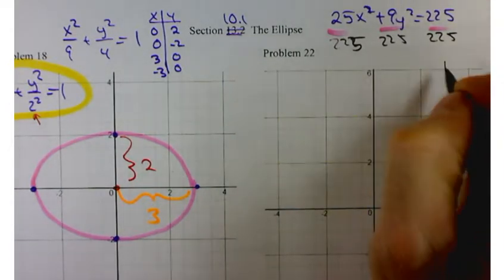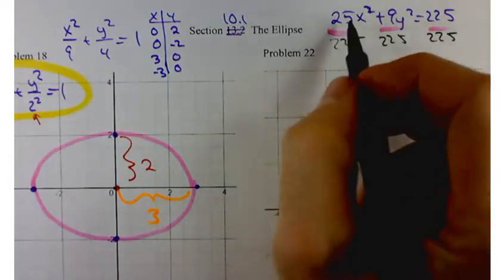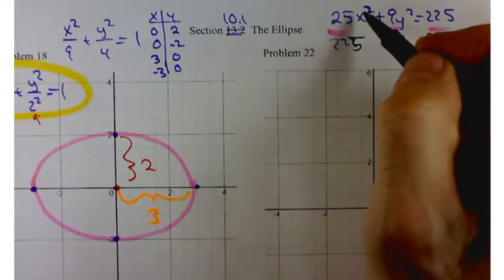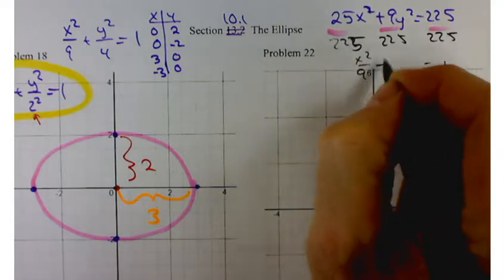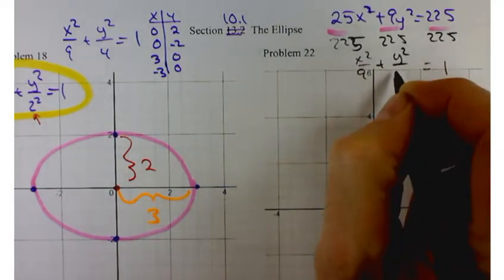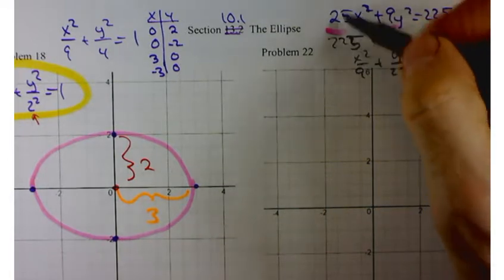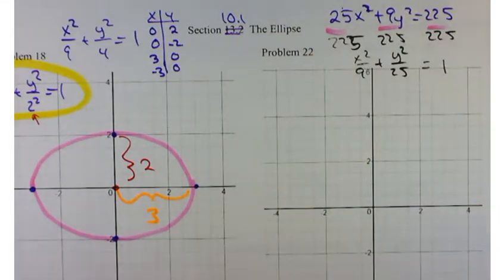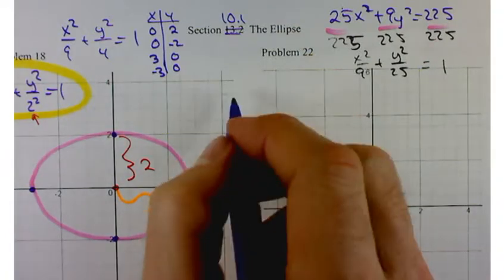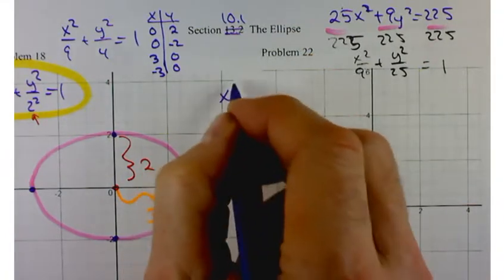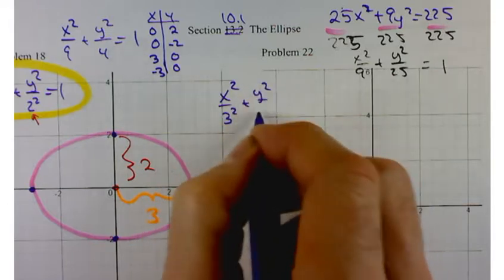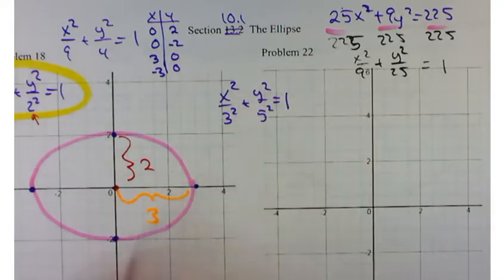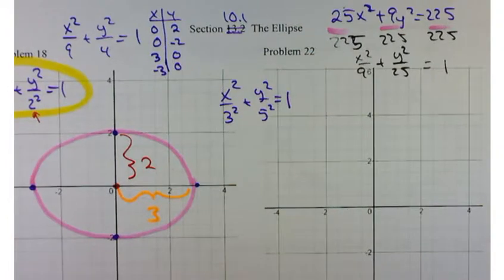So I get 1 equals, now over here, I end up with x squared over 9 plus y squared over 25, because these cancel into the 225. There's one last thing that I would do. I'd write it as x squared over 3 squared plus y squared over 5 squared, and let that equal 1.